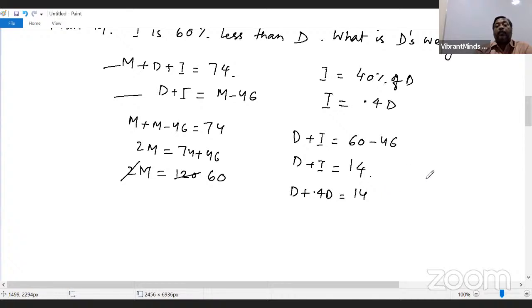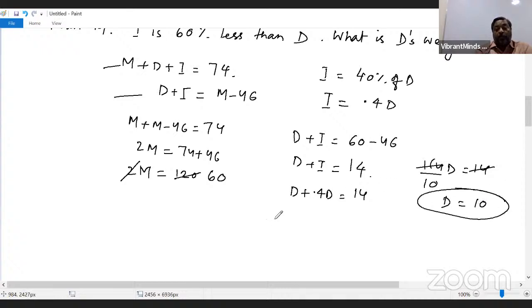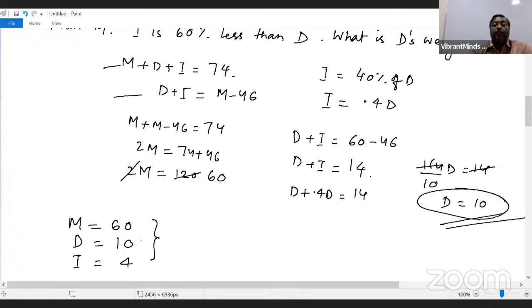That certainly means 1.4 D is equal to 14, so D is equal to 10. अब यहां से आपको M की वैल्यू मिली 60, D की वैल्यू मिली 10 और I की वैल्यू मिली 4. और इसमें आंसर क्या है आपका? आंसर है आपका D.